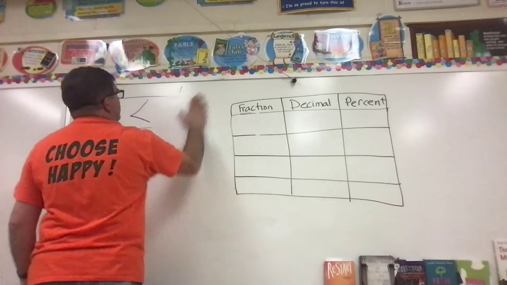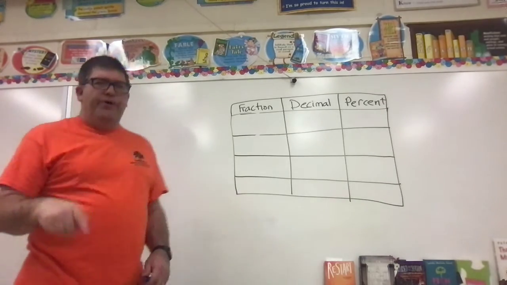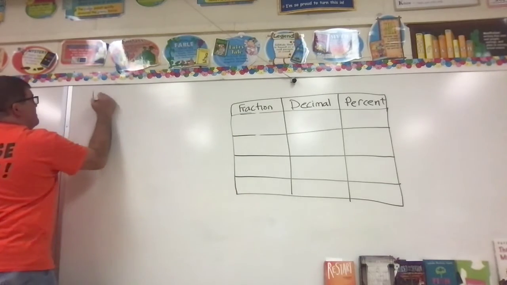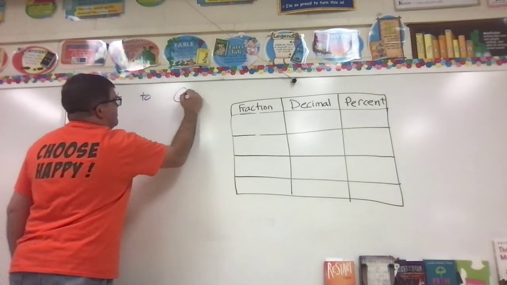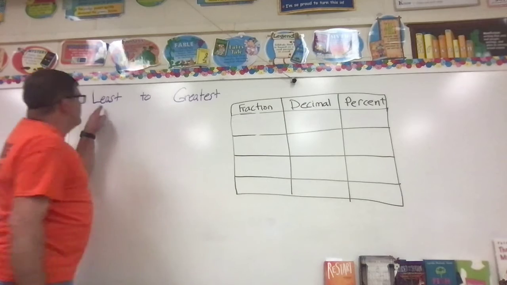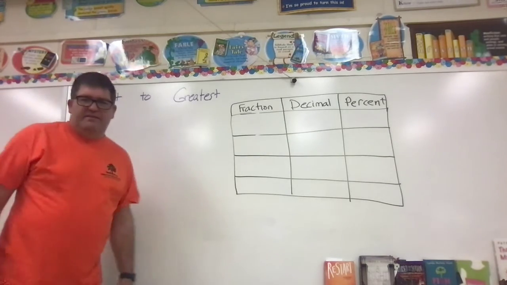Now, what if we want to order numbers from least to greatest? Least meaning the smallest, and then you're getting bigger all the way up to the greatest.